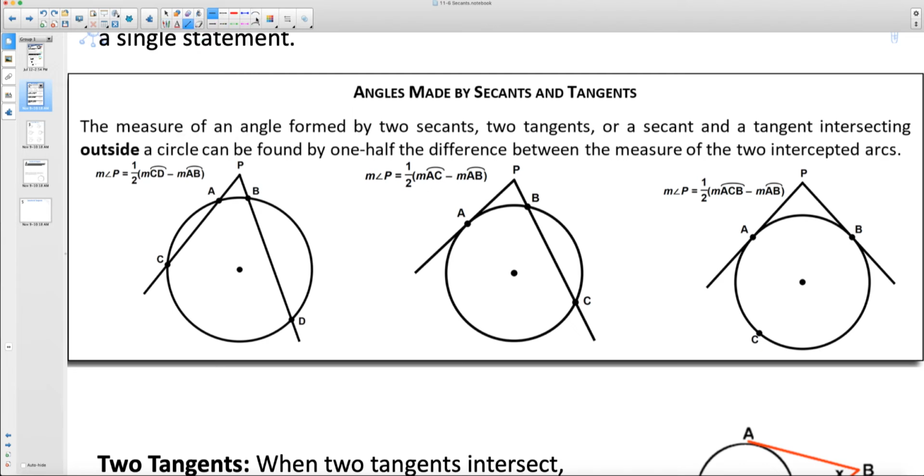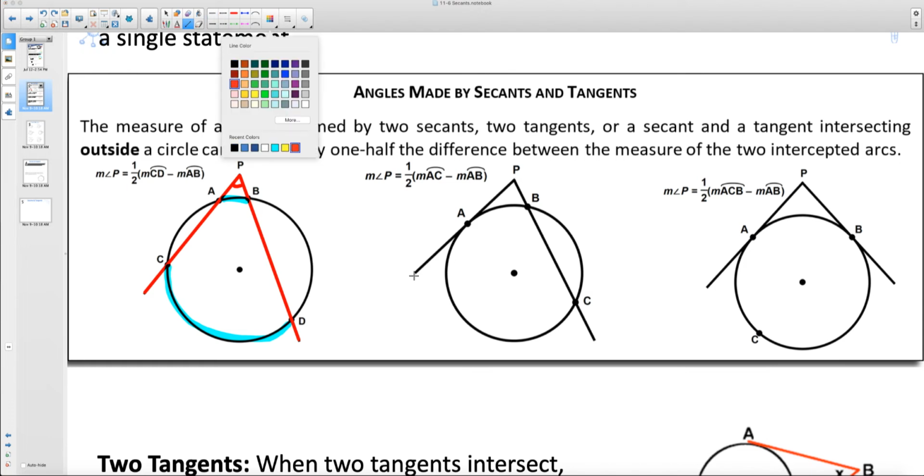We'll just go through these. We have an angle created by a secant and a secant. The rule to figure out the measure of angle P is going to be arc CD minus arc AB, and then divided by 2.